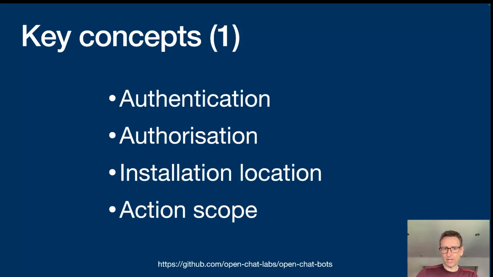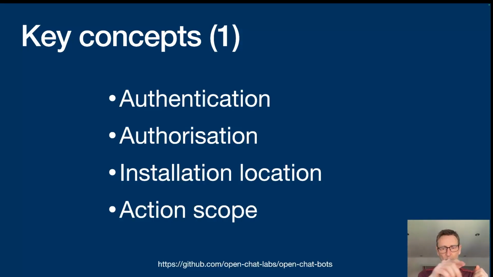So in addition to that authentication piece, we also need to know that the bot is authorized to do the specific action that it's attempting. So in practice, this means determining that the bot has been granted the correct permissions based on what it's trying to do, and that it's been given access to the correct scope. And by scope, we mean where it's trying to do the thing it's trying to do.